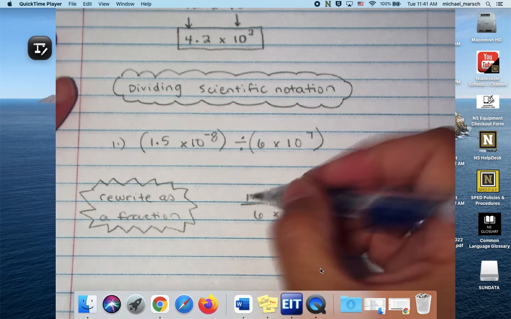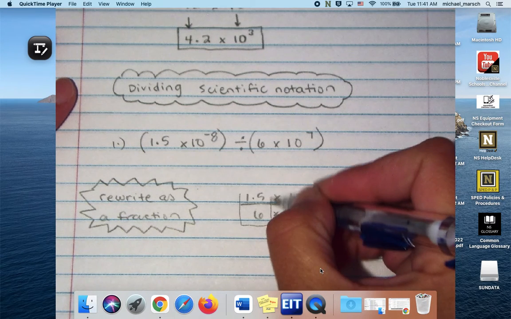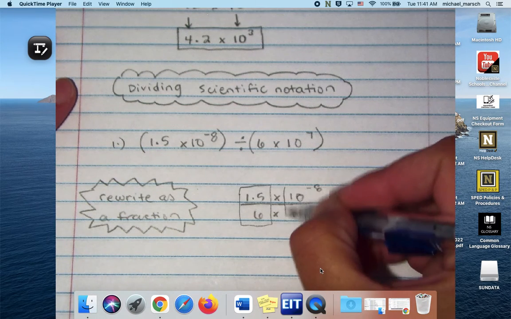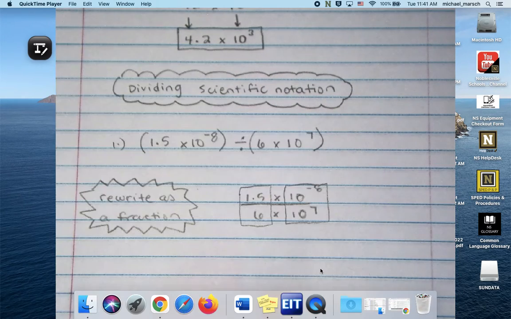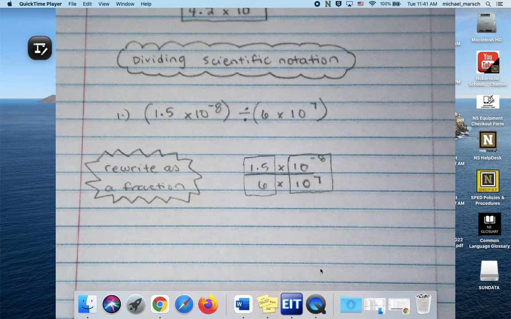We're going to isolate these into two separate division problems. So I'm going to draw these little borders around here so that I can focus on the separate division problems.